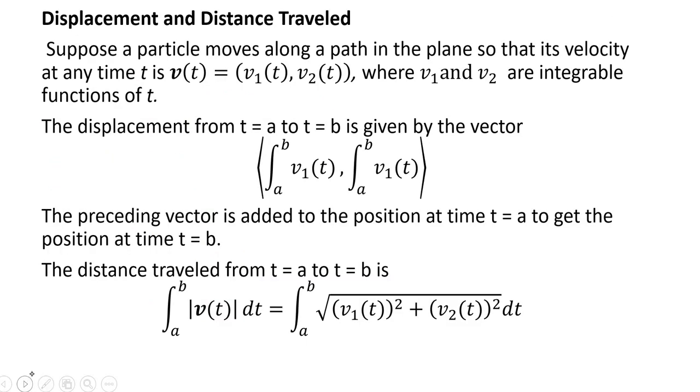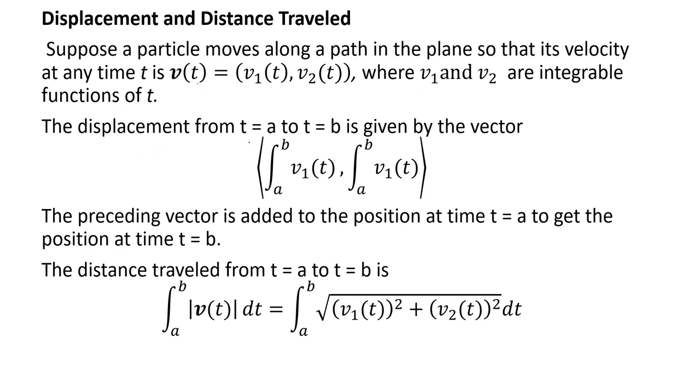Okay, displacement and distance traveled. Suppose a particle moves along a path in the plane so that its velocity at any time t is v of t equals v sub 1 of t, v sub 2 of t. So our velocity at any given point in time, where v sub 1 and v sub 2 are integrable functions of t.